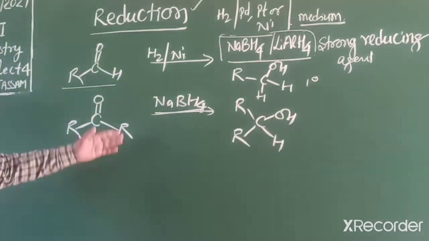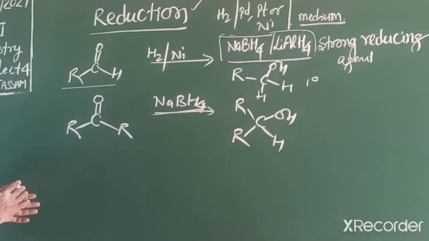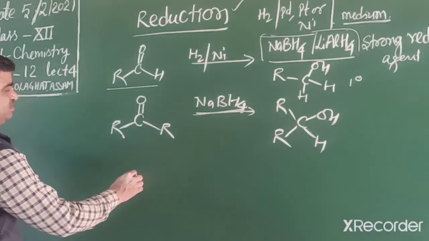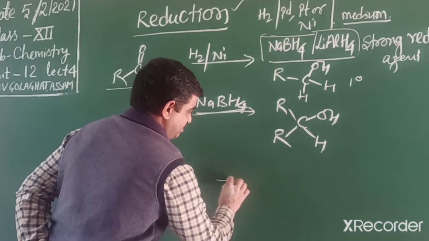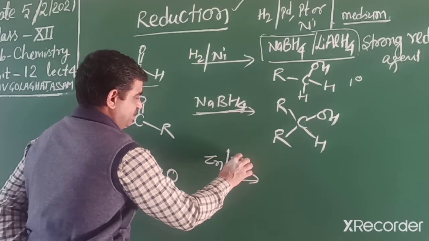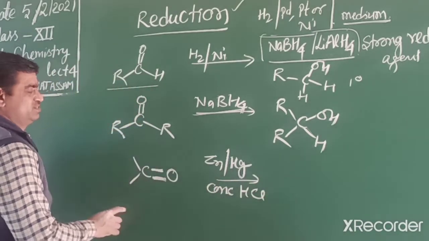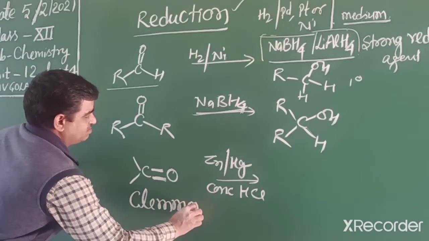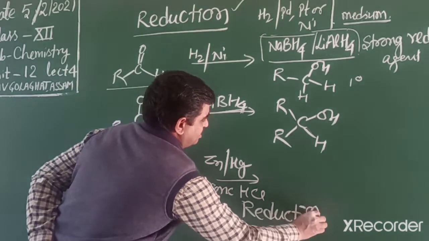So this is a simple reduction reaction. With a more special reduction, we can convert aldehydes and ketones into hydrocarbons also. For this we use a special reagent known as zinc amalgam, zinc in mercury, and concentrated HCl. This special name reaction is the Clemmensen reduction.